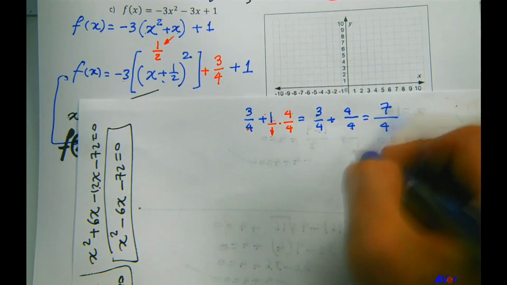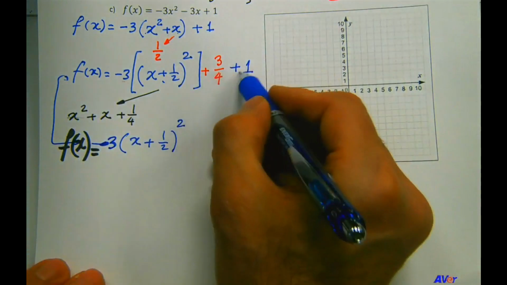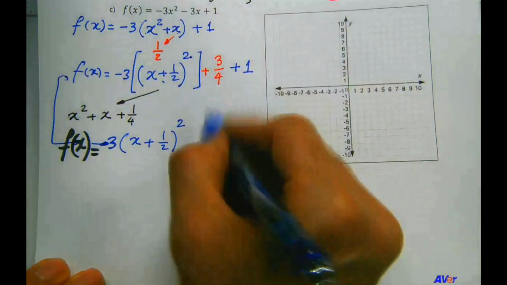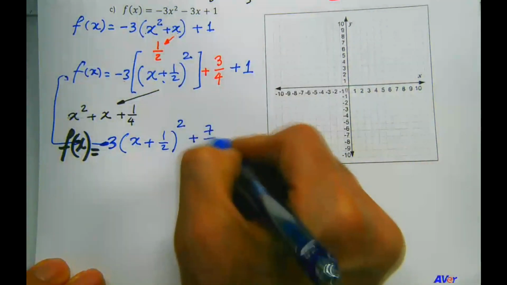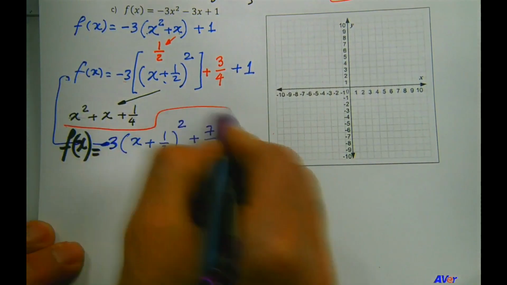So we end up with 7/4. Right? So 3/4 plus 1 is equal to plus 7 over 4. Okay, so after we completed the square, this is the result.